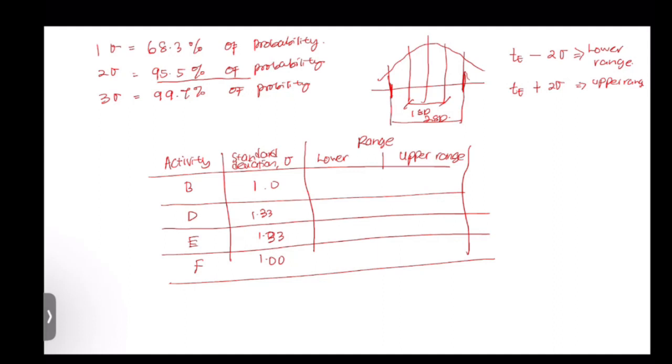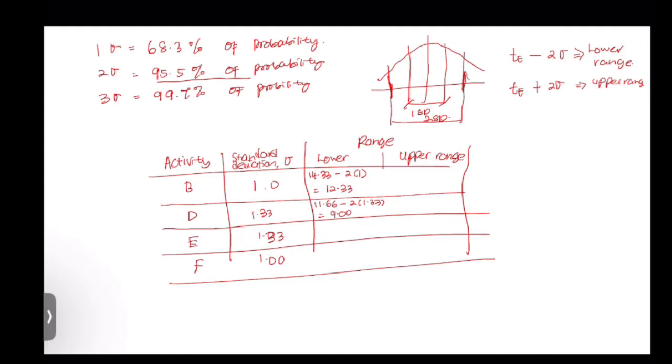For activity B, the total expected time is 14.33 days minus 2 standard deviation. So it means that it is equal to 12.33. Okay, so for activity D, it is 11.66 minus 2 times 1.33, which gives 9.00.